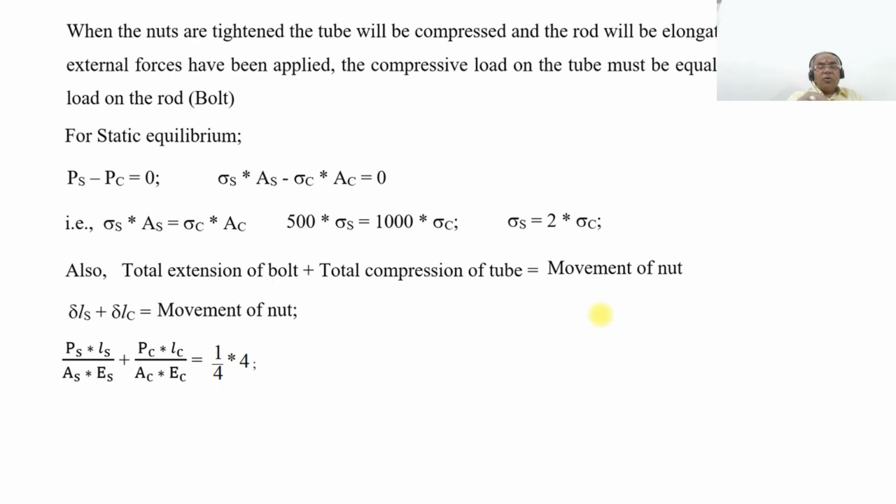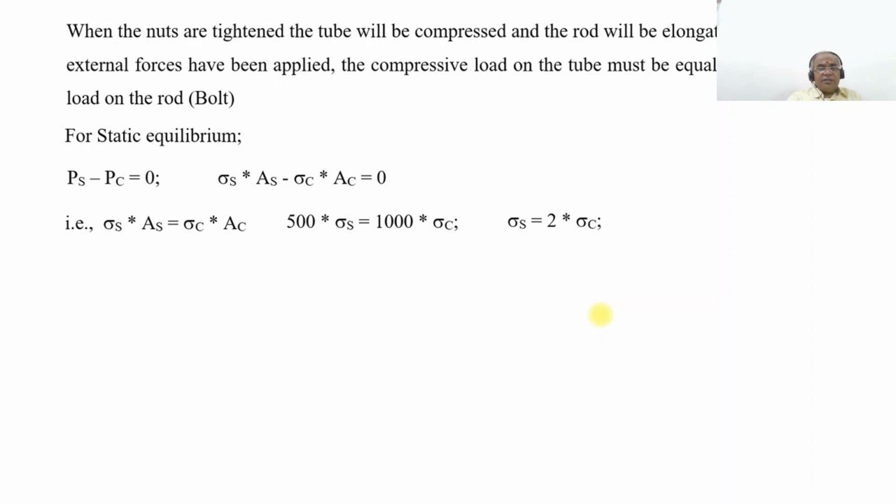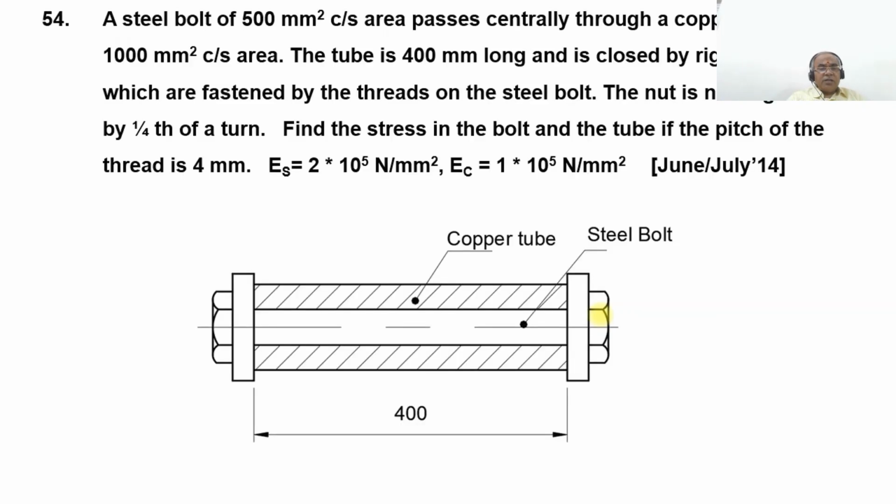Now you have a pitch of 4 mm. What is the pitch of 4 mm? It means if you rotate once, by 360 degrees, a single rotation, the nut will move by 4 mm. That is the meaning of the pitch.